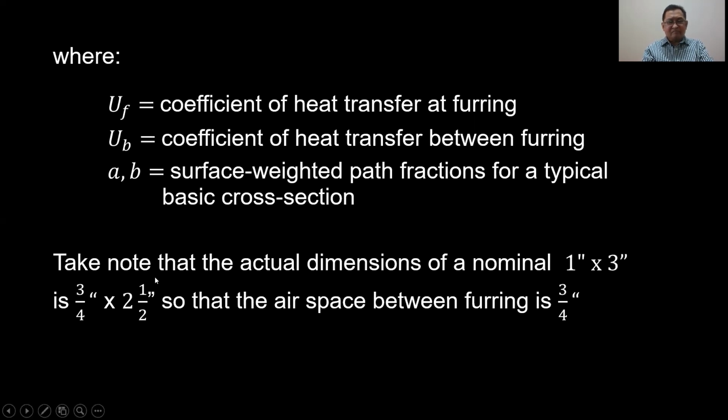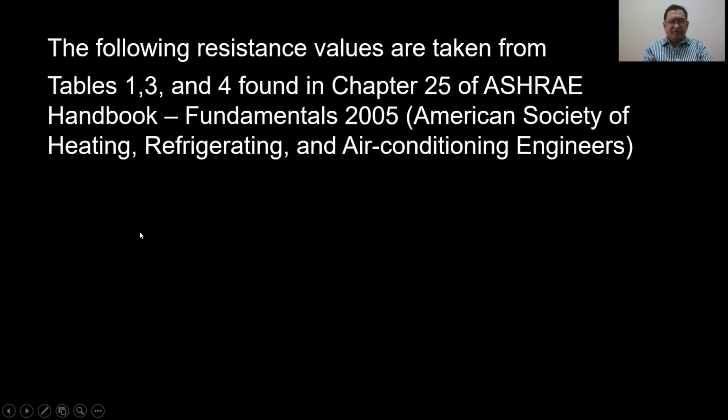Take note that the actual dimensions of a nominal 1x3 are 3/4 by 2.5, so the airspace between the furring is actually 3/4 inch. The following resistance values are taken from tables 1, 3, and 4, found in chapter 25 of the ASHRAE Handbook, Fundamentals 2005.